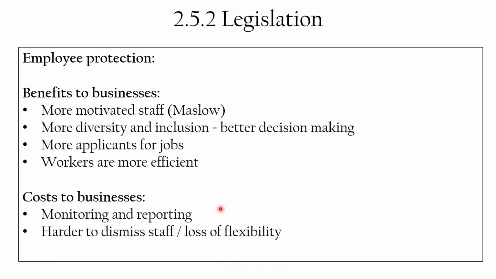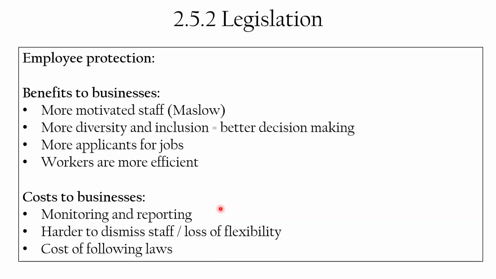It's also, of course, harder to dismiss staff if they've got employment rights, which means a loss of flexibility. You can't just tell people that they are surplus to requirements and get rid of them. If you're going to make someone redundant, it means they haven't done anything wrong, but their job no longer exists, and you have to prove that their job is no longer existing. You have to see if you can reallocate them elsewhere before you make them redundant. It's just much harder for businesses to be flexible.